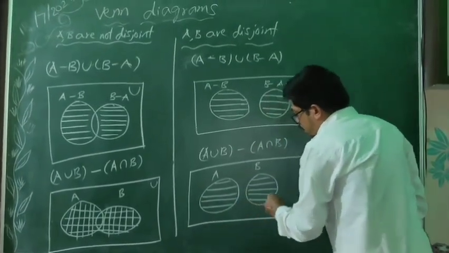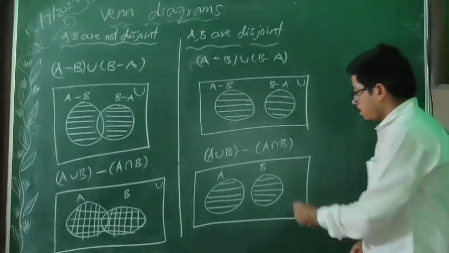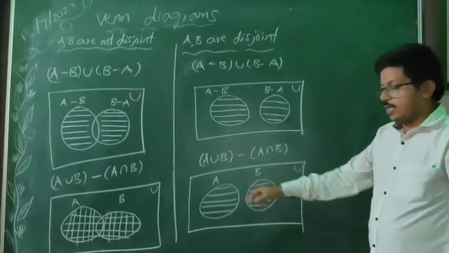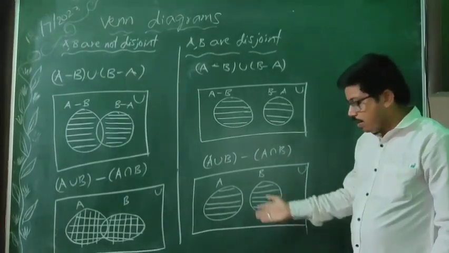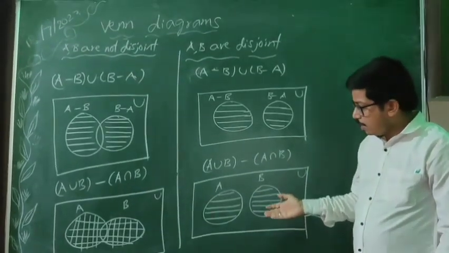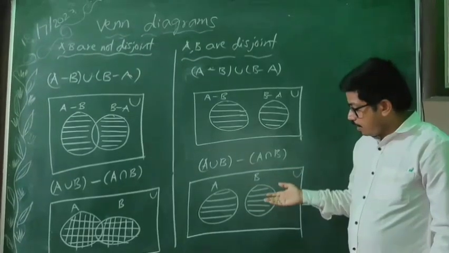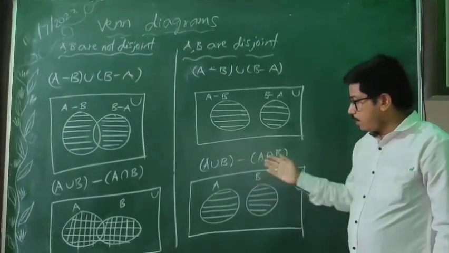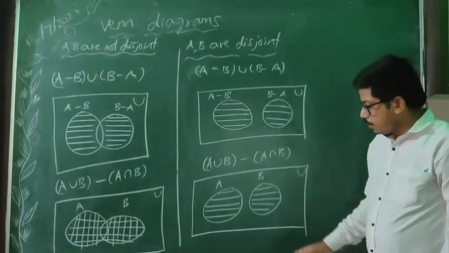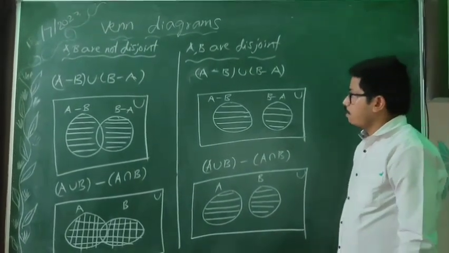For A union B, I have shown using horizontal lines, but for A intersection B, there are no common elements, so there is no scope of conducting any operation. A intersection B is a null set, so completely it becomes A union B itself. So like this you can show.